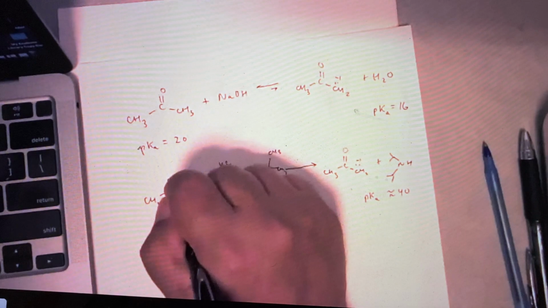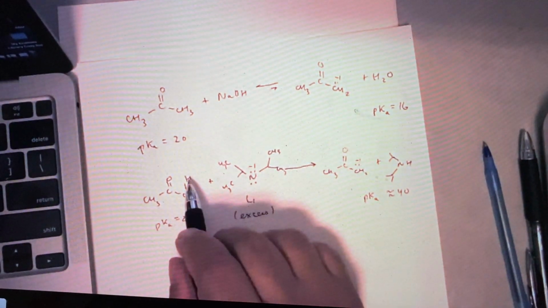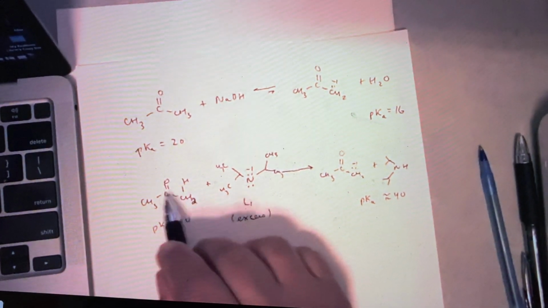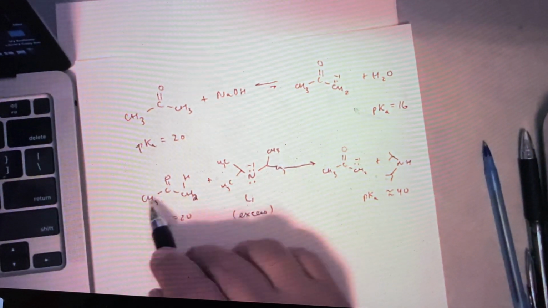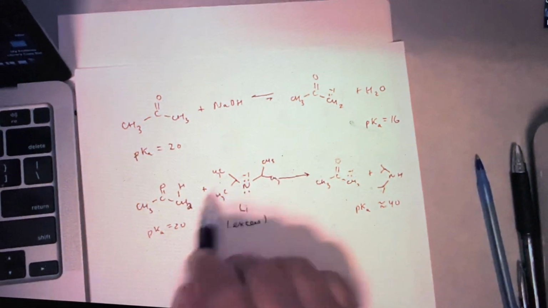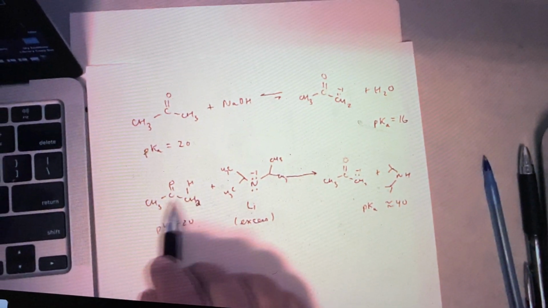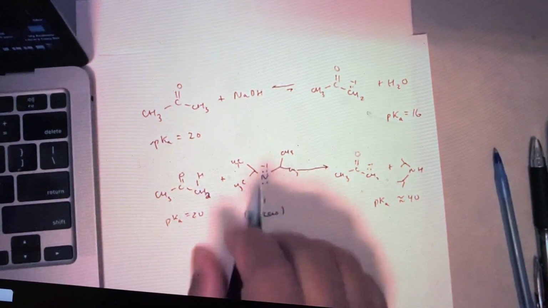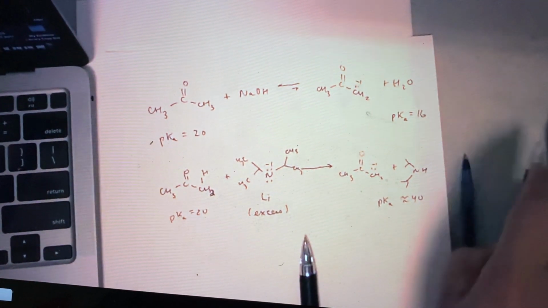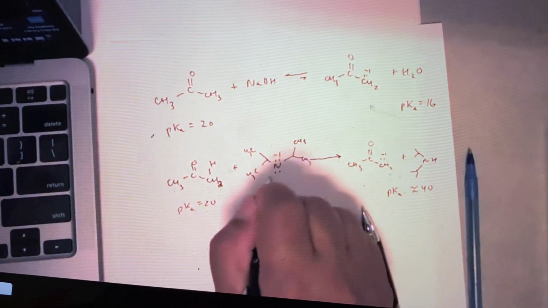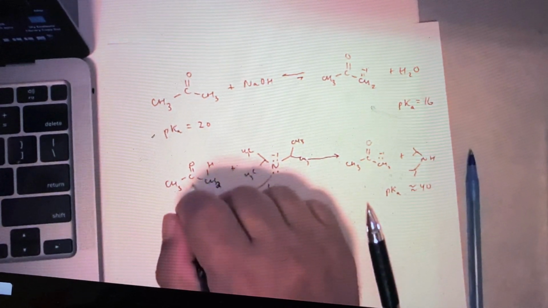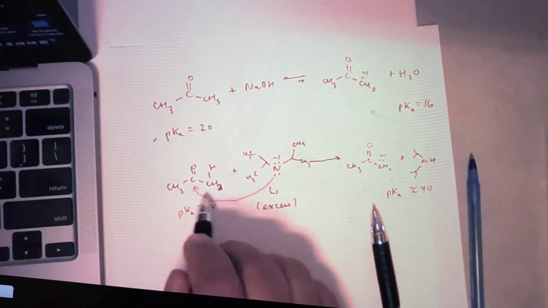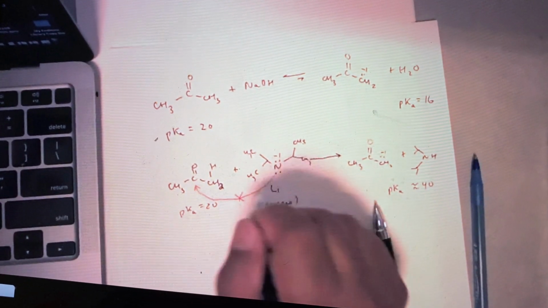This guy can attack this proton because it's significantly smaller than attacking this carbon. Also recognize that around this carbonyl, you have alkyl groups around it. So not only is this bulky, but the attack of this carbonyl here, because of these alkyl groups around it, also prohibits this guy from attacking in this direction. So I'm going to draw an arrow just to show that with you guys. And because this is basically sterically hindered, and this is also encumbered, this does not happen.